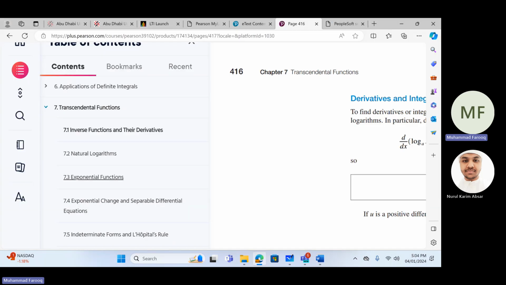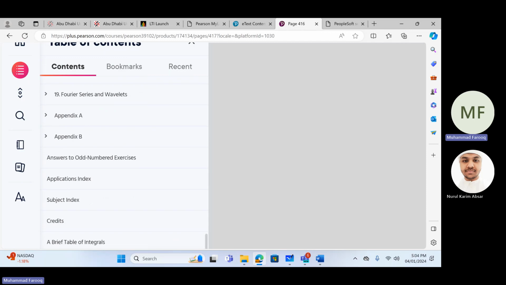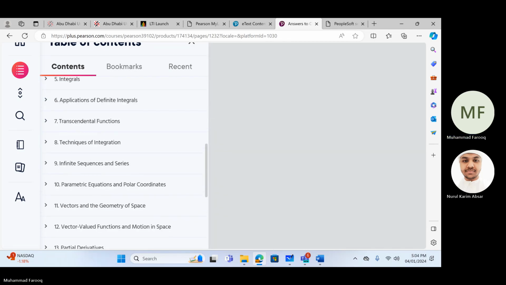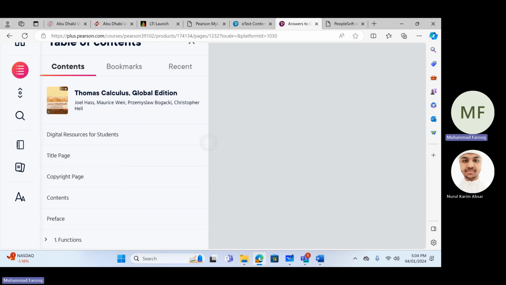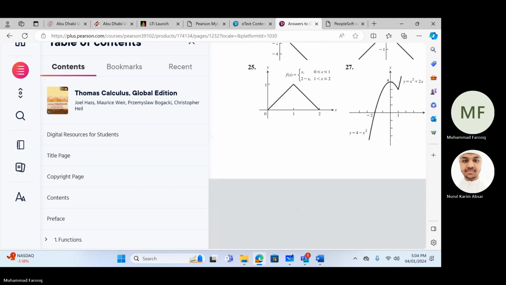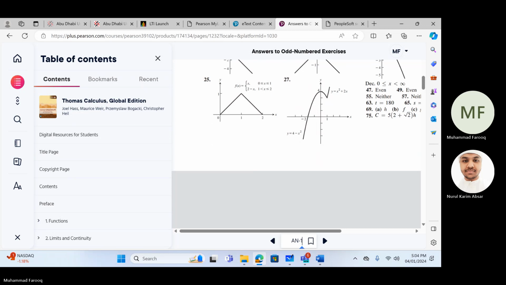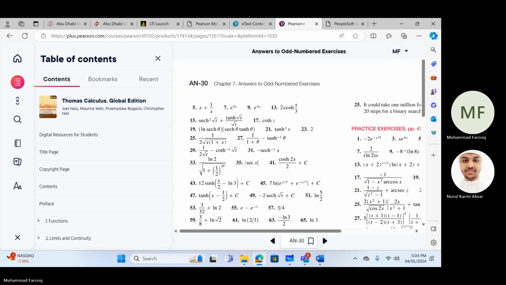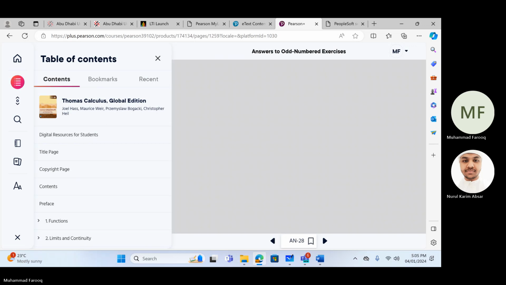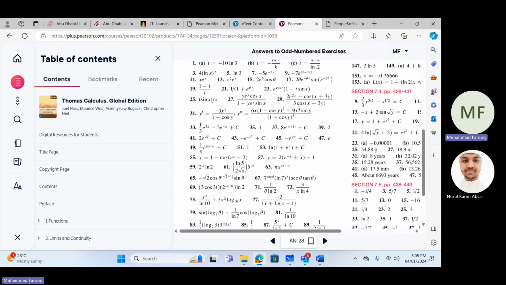Else we can check if it's working. Okay, so it was 47?